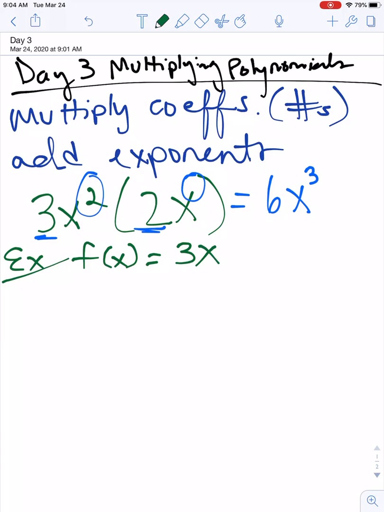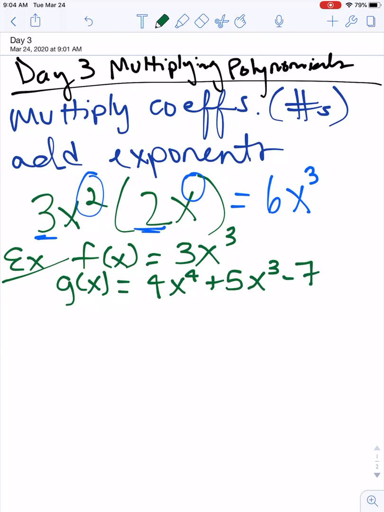So if you have an f of x that's 3x cubed, and maybe your g of x, your second polynomial, is 4x to the 4th plus 5x cubed minus 7x plus 2.